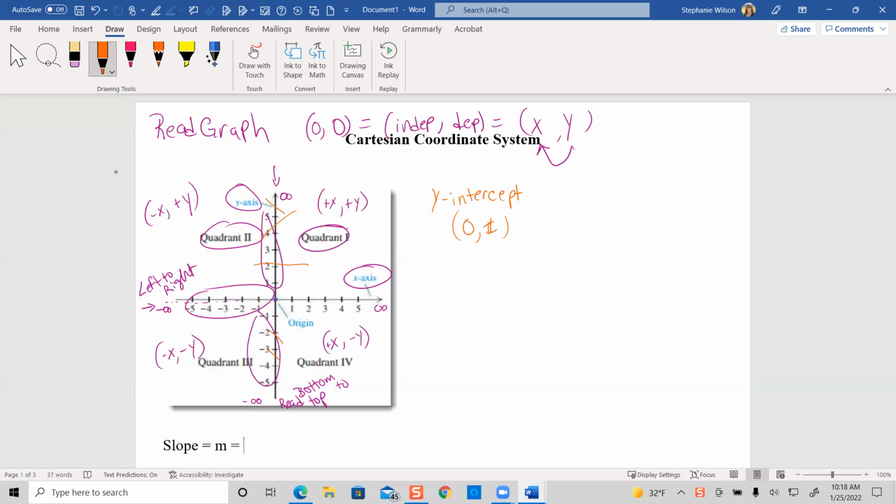Now, whenever we cross the x-axis, if it's a vertical line or an angle, wherever it may be, we know that that's the x-intercept. And at that particular point, y is always 0 and x is some number. Okay, so these are important, helpful pieces of information to know.